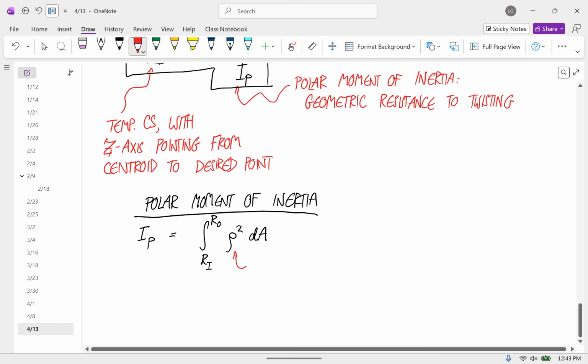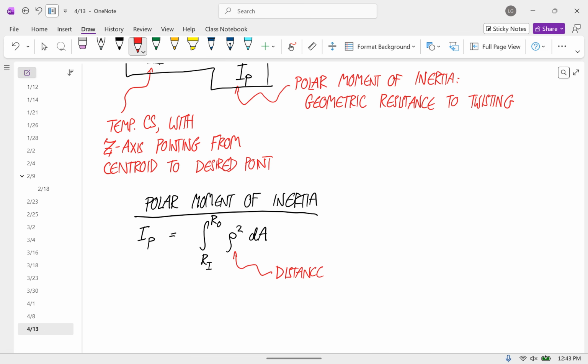And this rho is the distance from the centroid to your infinitesimal area dA. So you have it in your notes, but never look at that again.